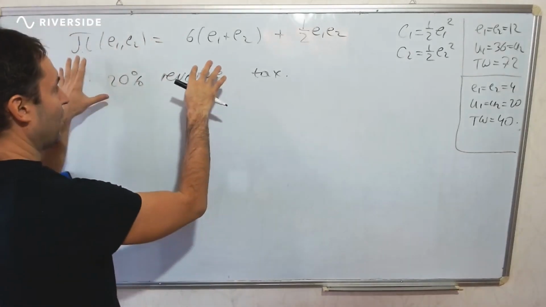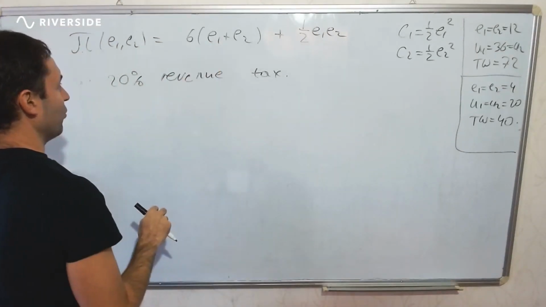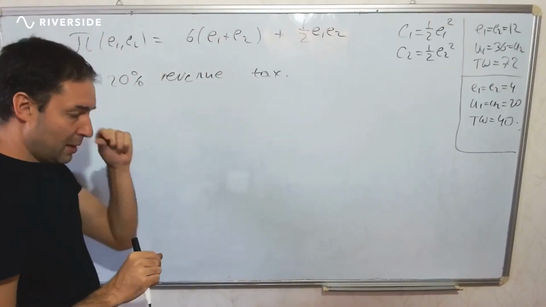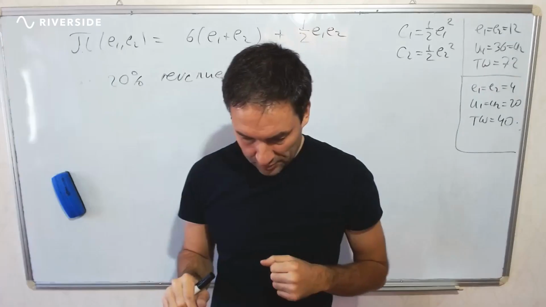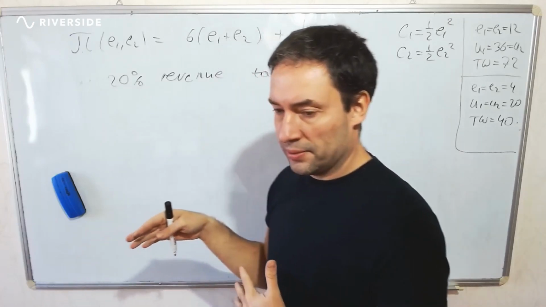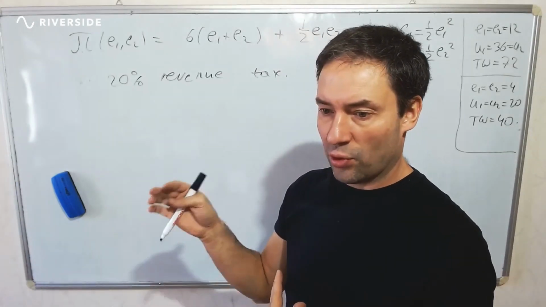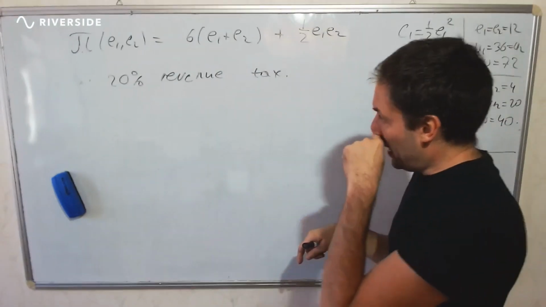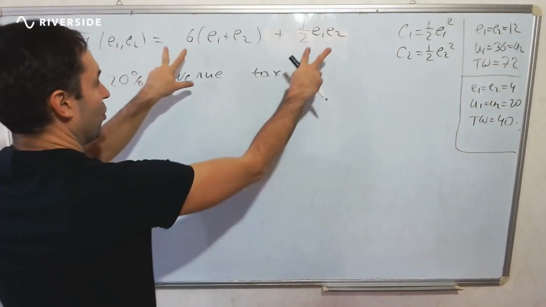So basically, our revenue is this pay function. That's what we will call in this problem. We call revenue because our costs are not for the firm. Costs are for the effort level of the agents. So 20% is on this quantity.